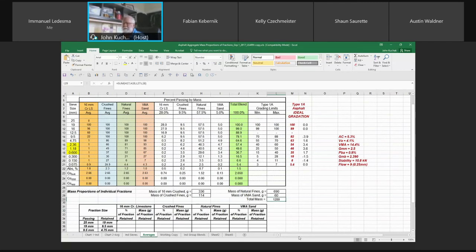Now, if I'm going to use 1,200 grams of aggregate, how much aggregate of A am I going to need? Well, my A tells me I need 28%, so 336. And if you look at my formula here, it's F8, 28% times 1,200.